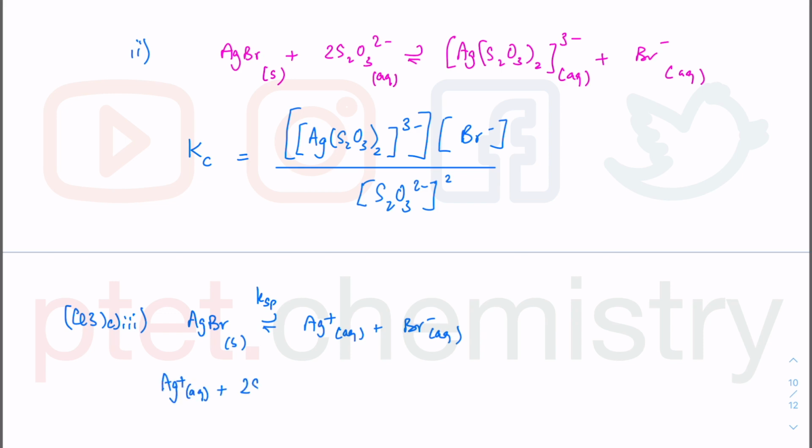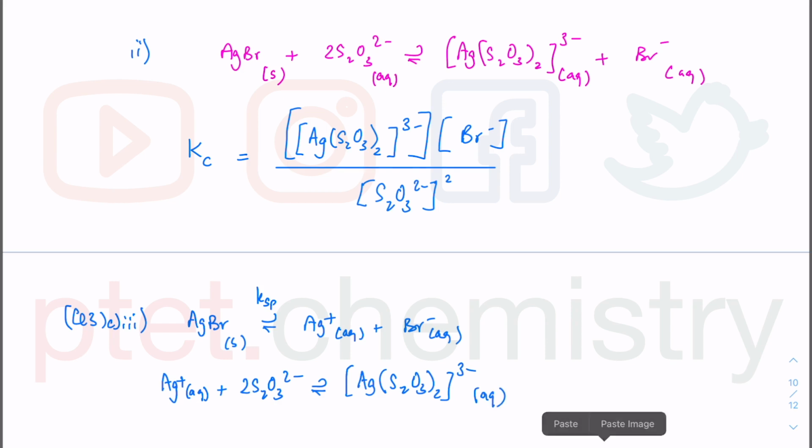So what I have is 2 S2O3 2- in equilibrium to give me Ag(S2O3)2, Ag+ 1, and then minus 2 times 2 is minus 4, that's how I get 3-. Plus of course the water molecules that I kick out, so I'm not writing how many water molecules there are. This is just a simplified expression to show what I am talking about for this second one, which is Kstab.